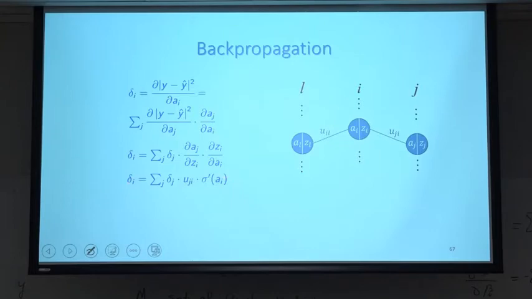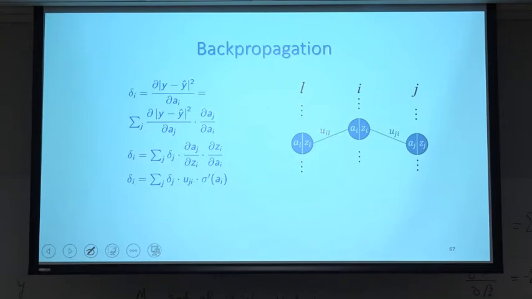So what's good about this is that I can express delta I in terms of delta J. Remember what we did at the beginning. We wanted to compute the cost function with respect to UIL. And we realized that this is going to be delta I times ZL. ZL is known.